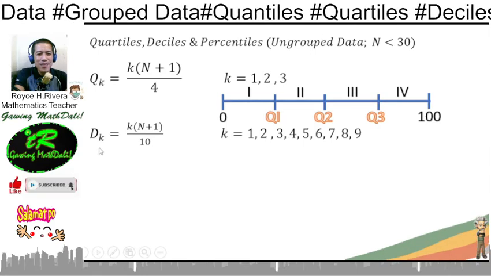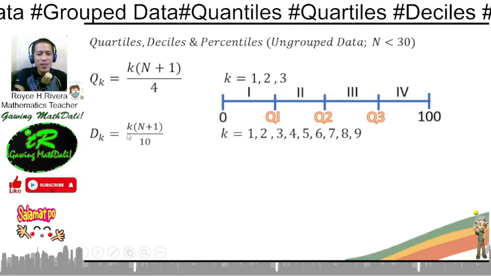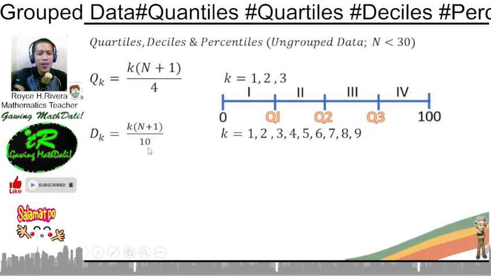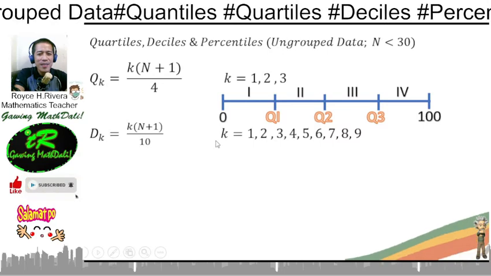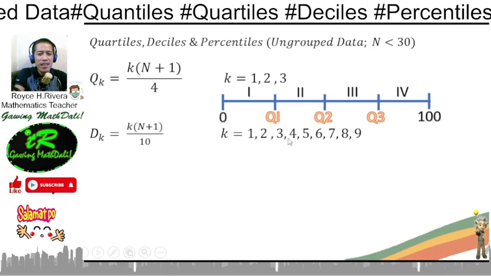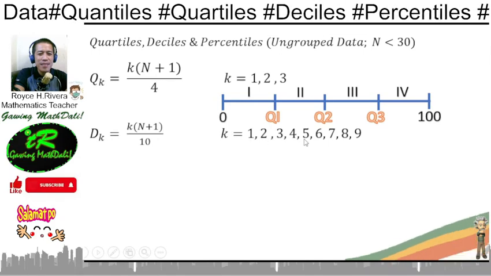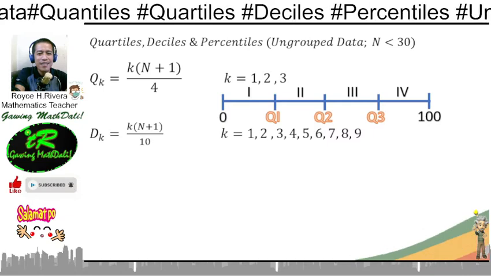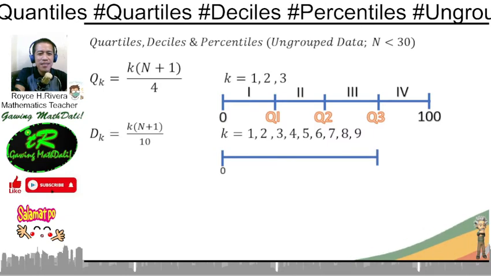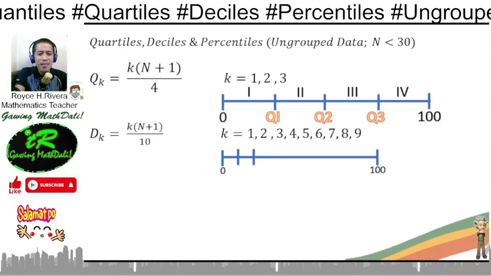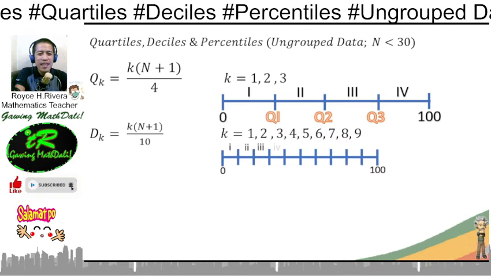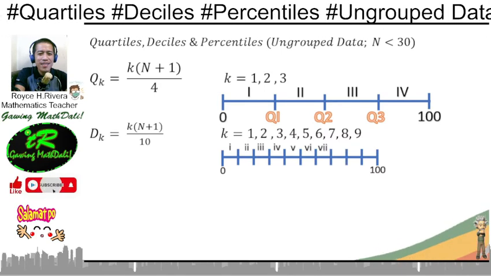For deciles, we have D sub k is equal to k times the quantity n plus 1 all over 10, where k is equivalent to 1, 2, 3, 4, 5, 6, 7, 8, or 9. The deciles divide the number line into 10 equal parts.